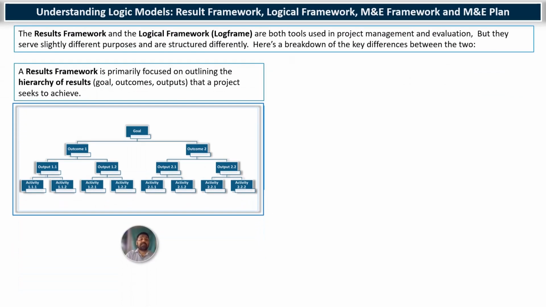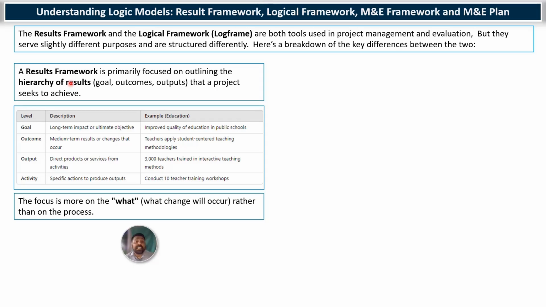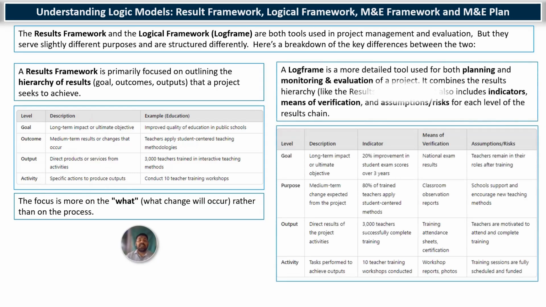A result framework is primarily focused on outlining the hierarchy of results, goal, outcomes, outputs that a project seeks to achieve. For example, here in this structure you see goal, outcomes, output, and activity. Only the statements are there. A logframe is a more detailed tool used for both planning and monitoring and evaluation of a project.